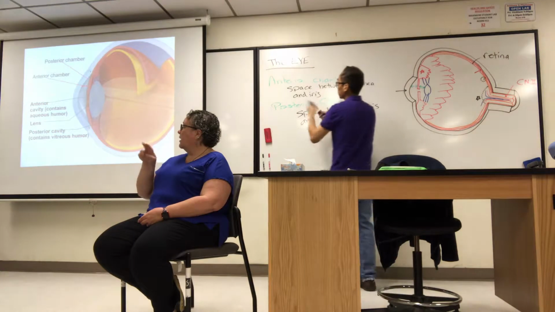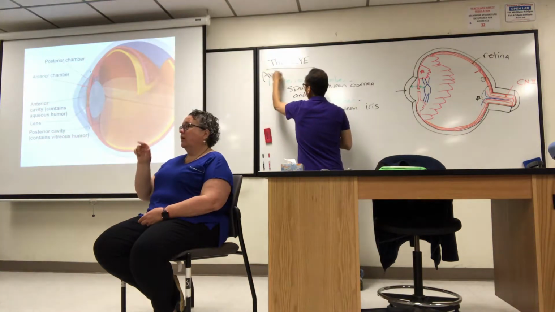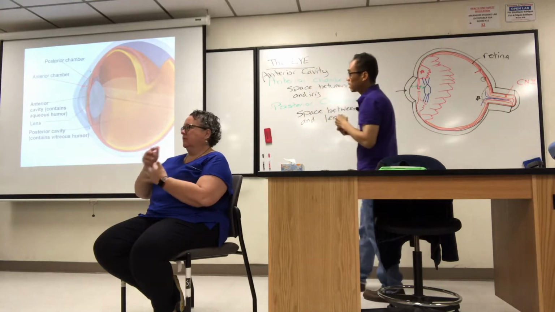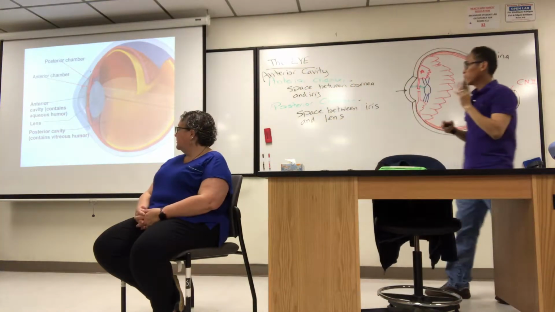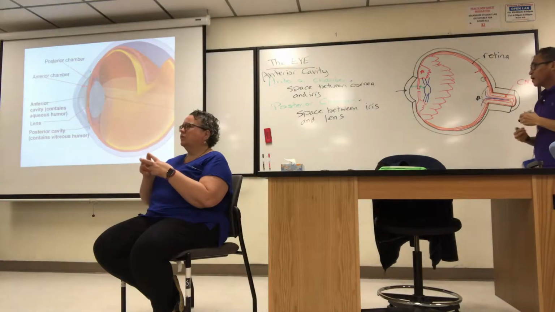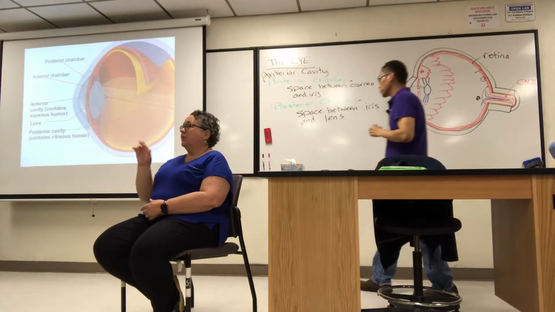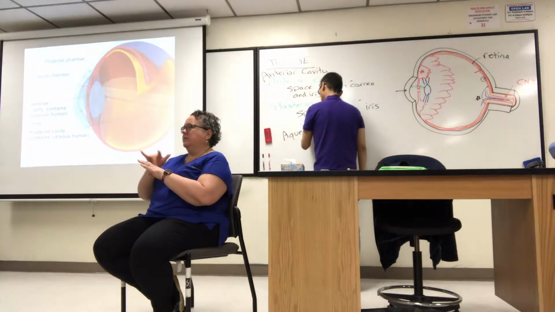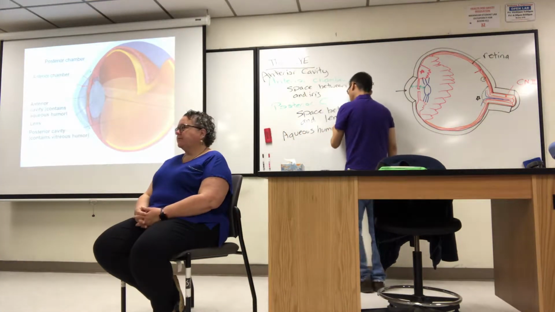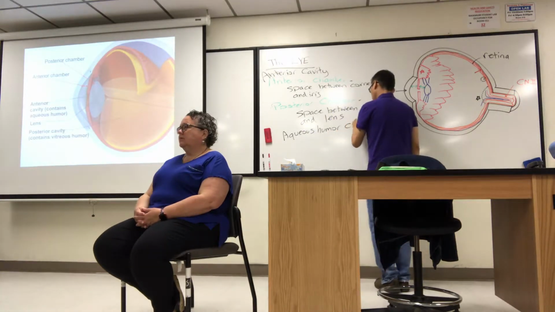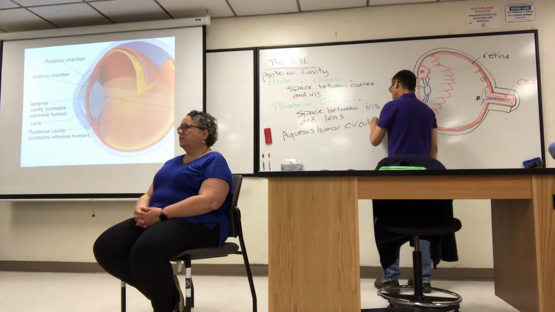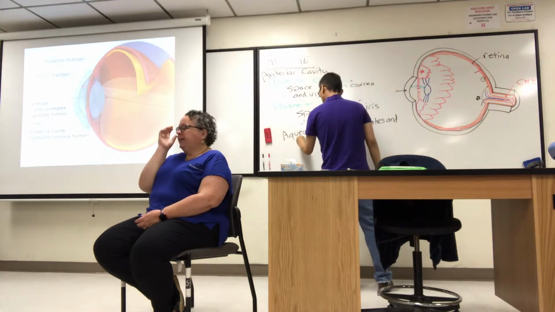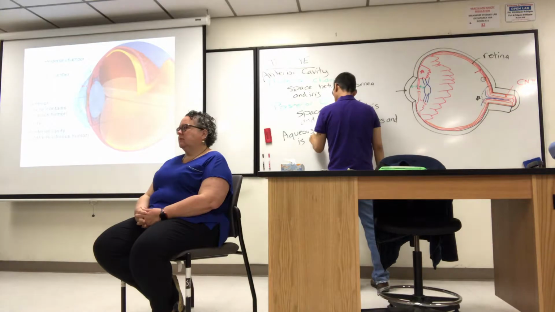So these two chambers, you can title it anterior cavity. Those two chambers are part of the anterior cavity. This is where aqueous humor circulates and is continuously replenished.